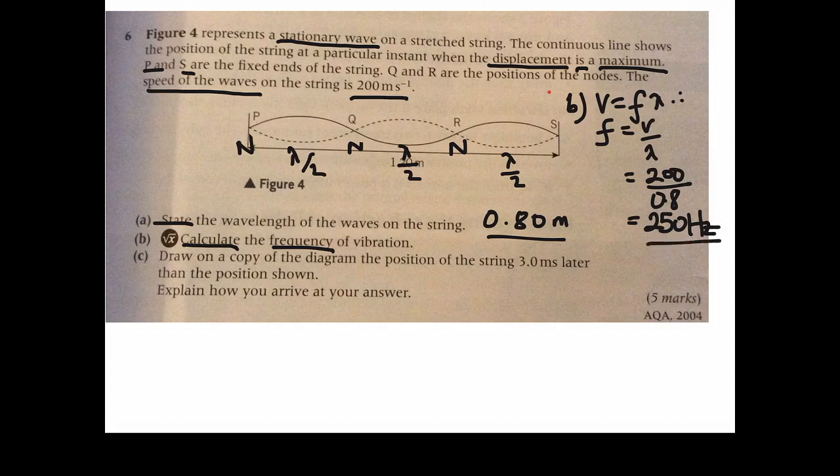Draw on a copy of the diagram the position of the string 3 milliseconds later than the position shown. Finally, explain how you arrive at your answer. So we're going to have to sketch something on the diagram given. Now it says 3 milliseconds later.